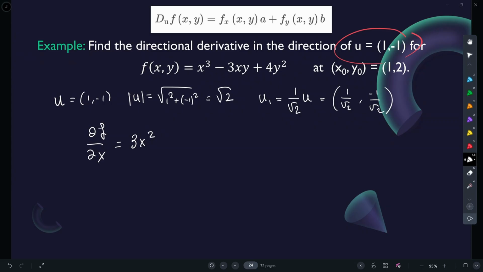And minus 3y, because the y is a constant, so it's some constant times x, and the constant is 3y. And then if I evaluate that at the point 1, 2, it's going to be 3 minus 6, which is minus 3.